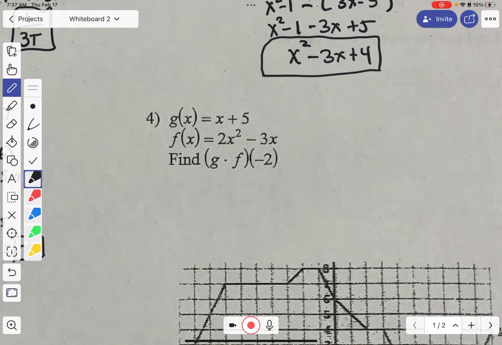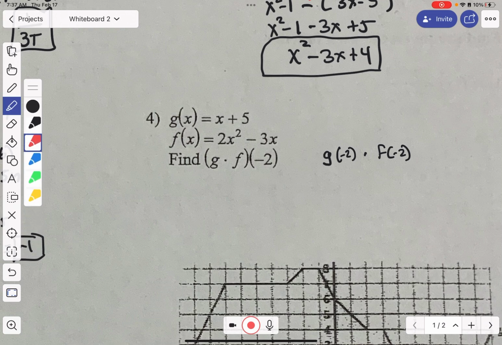Number 4, so we're going to take g of negative 2 times f of negative 2. This is one where I'm probably going to use substitution in there right away because I see that x squared in there. And multiplying, then we're going to get some cube stuff. So I'm probably just going to go ahead and substitute this one right away, and probably the only way I would do this one.